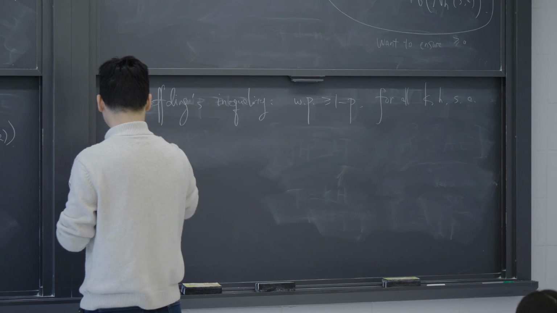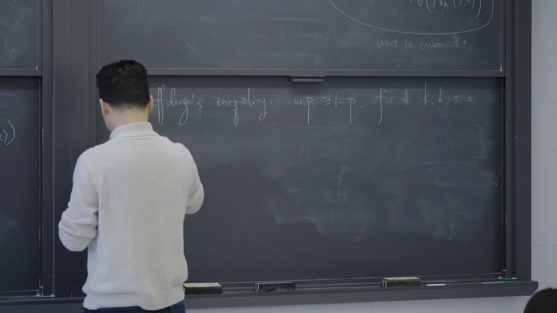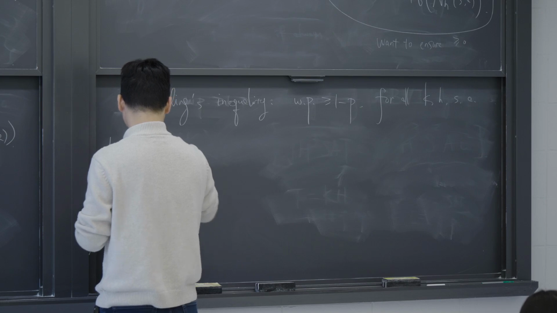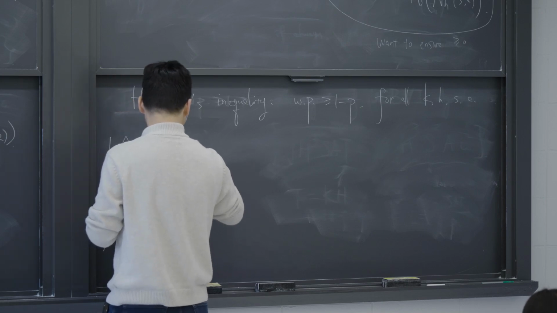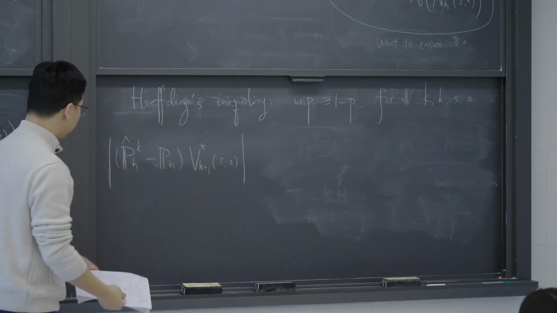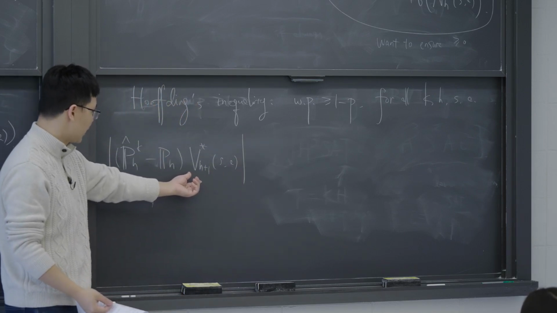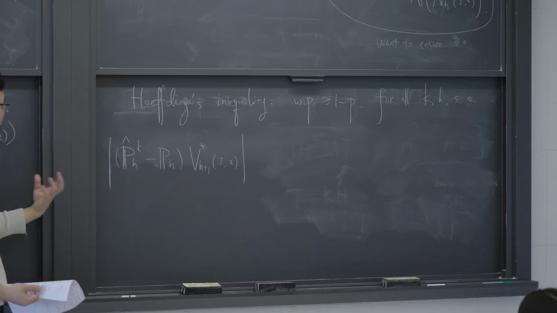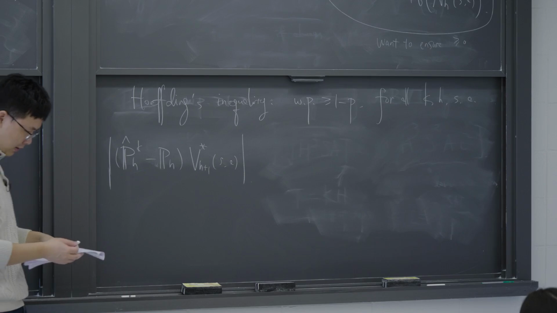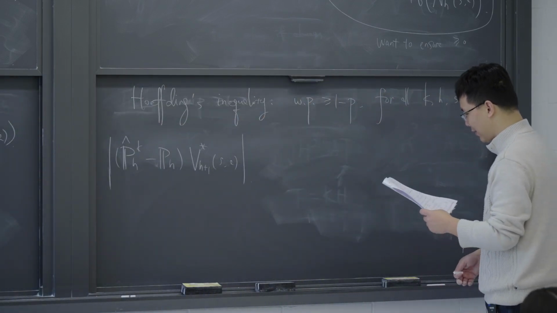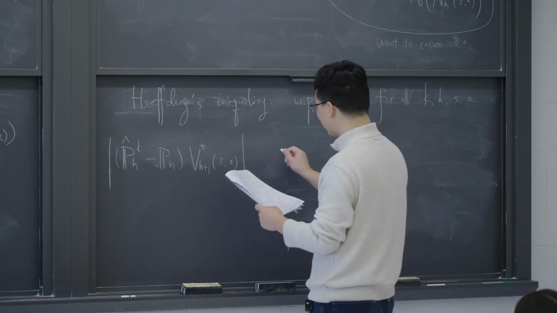We have the following: this (P hat^k_h minus P_h) V*_{h+1}(s,a). So this P V star is the expectation, while this P hat V star is the empirical average of N_h^k independent martingale samples.